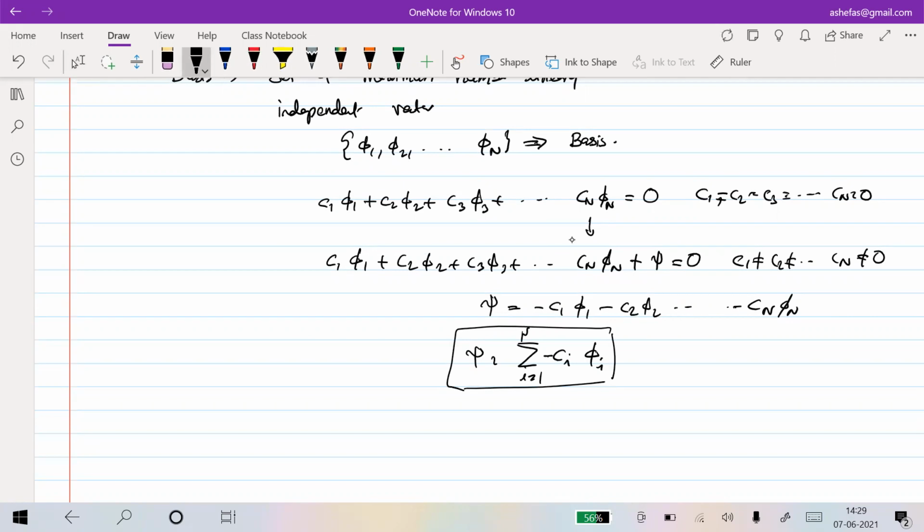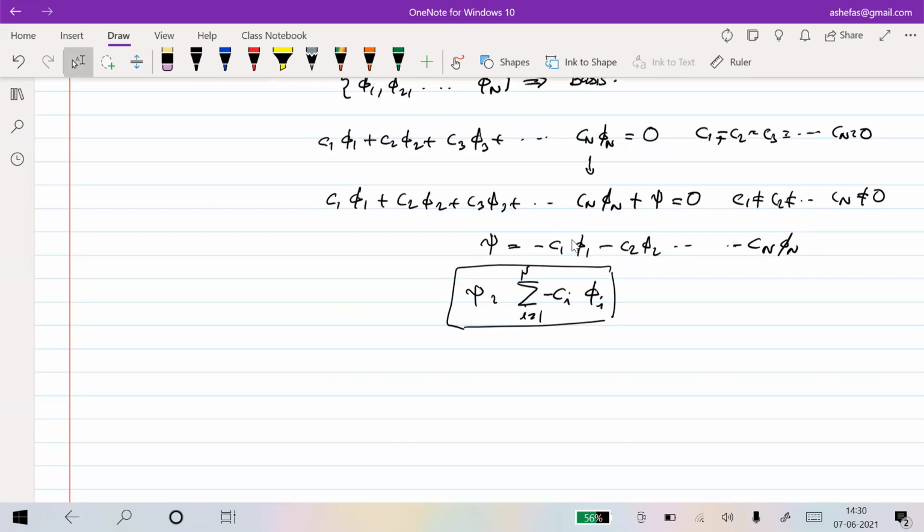So the point that I am going to make is, if you have a basis, the set phi i, then any other vector in that space can be expanded in terms of the basis vectors. We can write the sum of Ci phi i minus psi equal to 0.